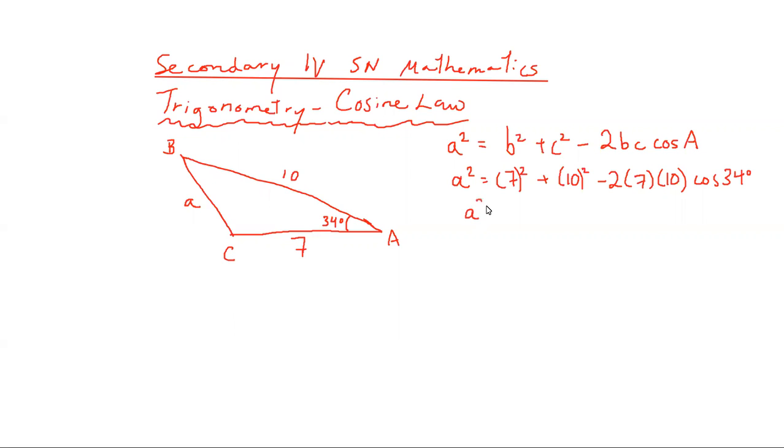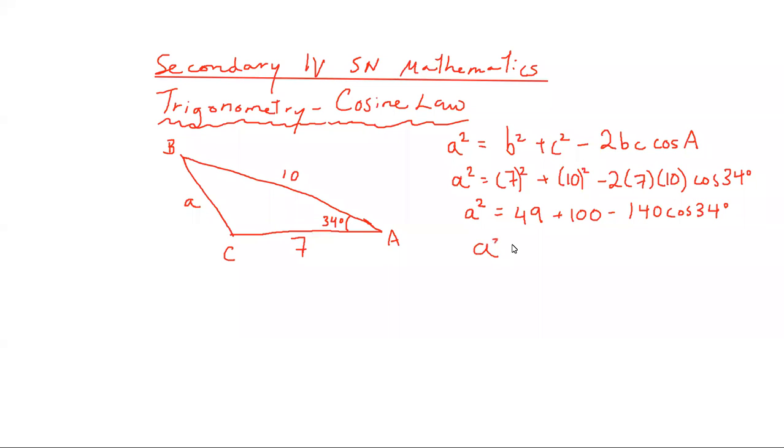So what I have here is A squared. And if I were to solve all of this, first this would become 49 plus 100 minus 2 times 7, which is 14, times 10, which is 140, cos of 34.